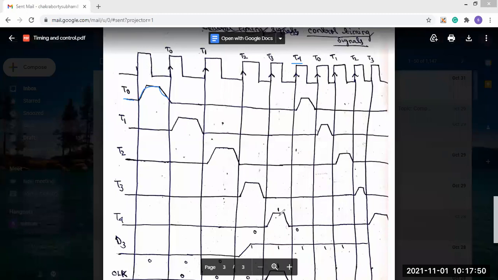Now let's say after T4 we see that once in a while the sequence counter synchronously performs the clear operation. So let's say after the T4 timing signal, it performs the clear operation. And at that time the output is what?